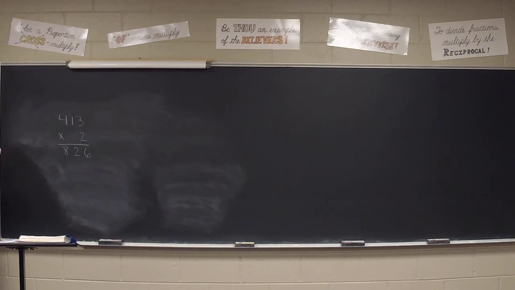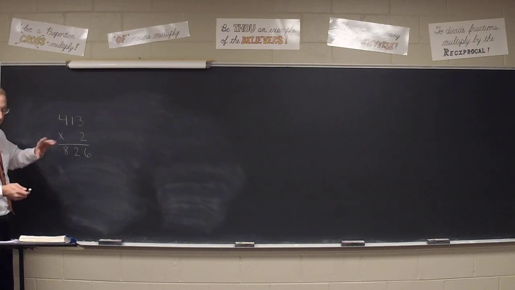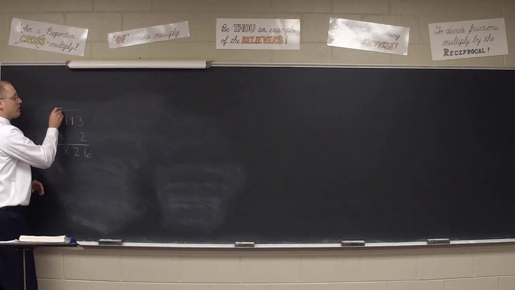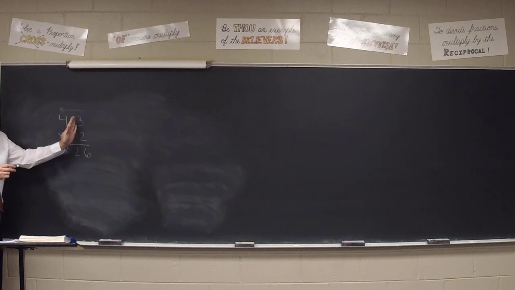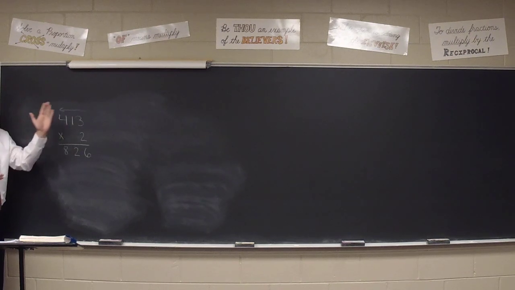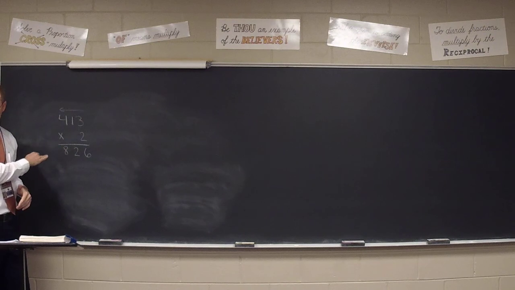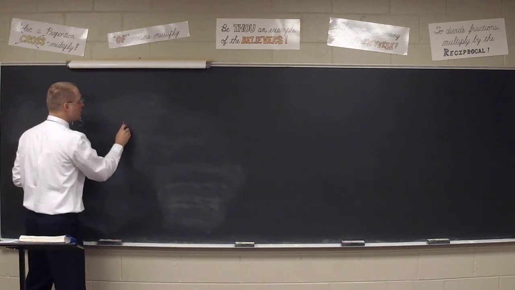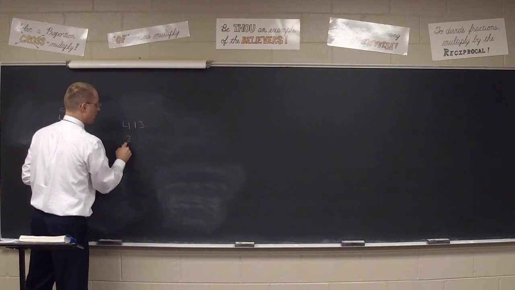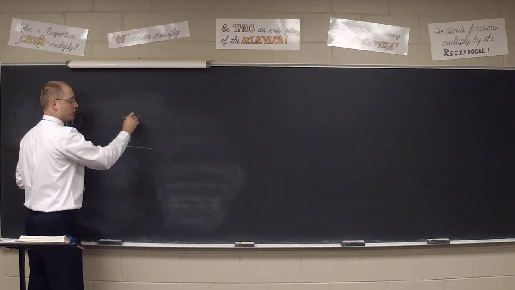What's interesting is in arithmetic, everything we did went this way, right? We always start with the units digit, then the tens digit, then the hundreds digit, because we may have to carry from one place value to the next. But you notice there was no carrying here, was there? So it wouldn't have been wrong for us to multiply this direction.